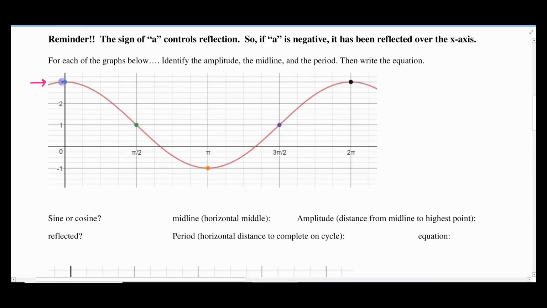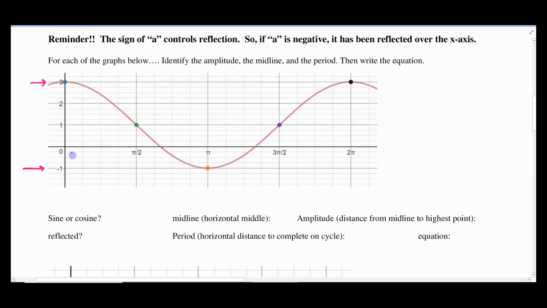So this is as high as it goes, and then I like to look for how low it goes. If I'm riding this thing like a roller coaster, the lowest point occurs right here, and that's at a value of -1. So it goes as high as +3, as low as -1, and we would be looking for the midpoint between that high and that low, that min and that max. The number at the midpoint in between -1 and 3 is +1.